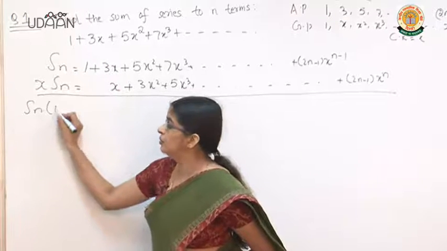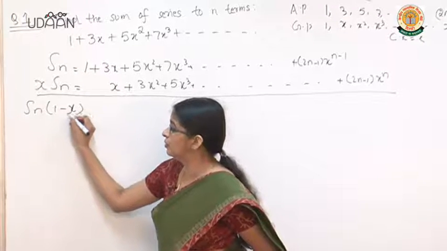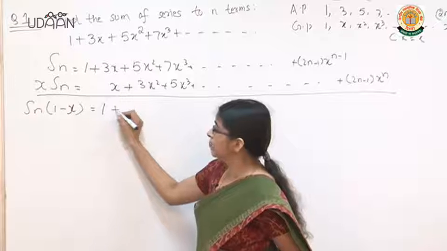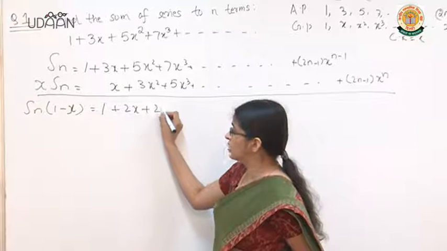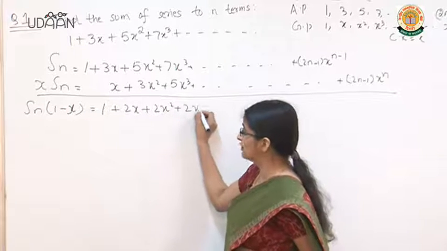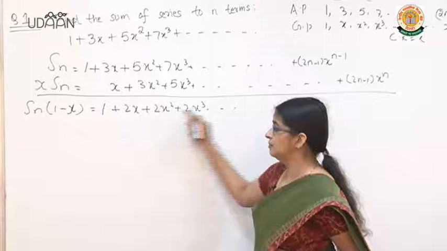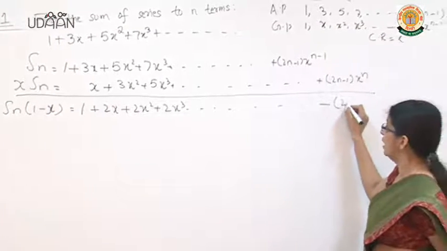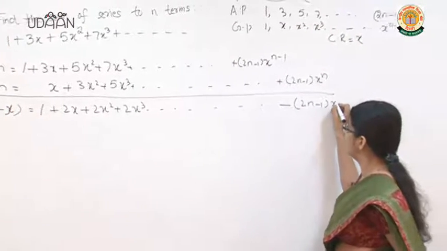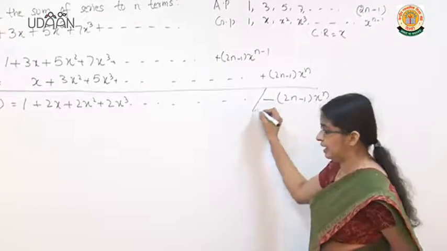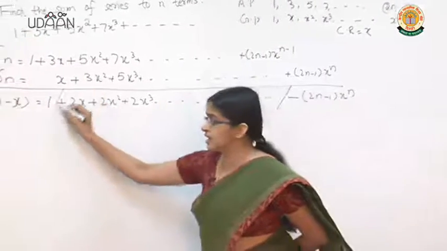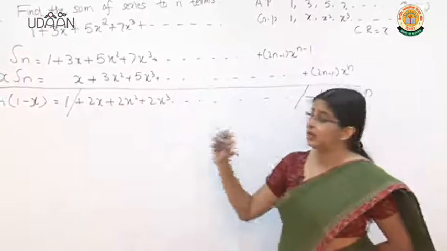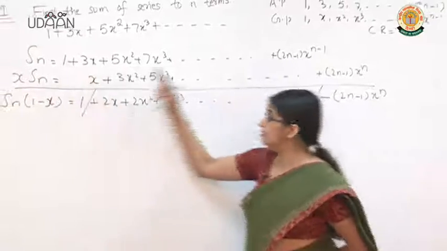Sn into 1 minus x equal to 1 plus 2x plus 2x square plus 2x cube. You can see these terms form a geometric progression, and the last term, which is ungrouped, is 2n minus 1 into x power n. Leave the first and last term. Why should we leave them? Because they are ungrouped terms.